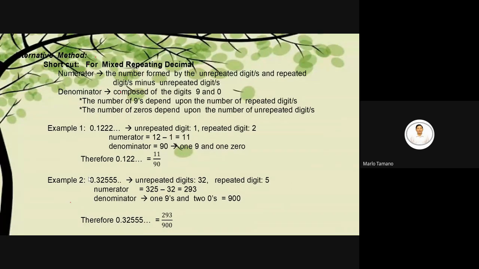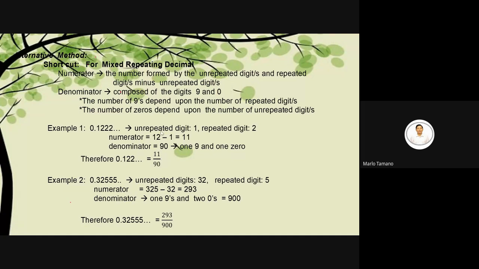So, example number 1, we have here 0.12222. So, ang nauulit na digit yan ay 2. Yung 1 naman po ay stagnant or steady lang. So, unrepeated ang tawag natin doon. So, unrepeated digit, which is 1. Repeated naman po, yung nauulit ay 2. Okay po? So, combination of repeated and unrepeated digit. Okay?